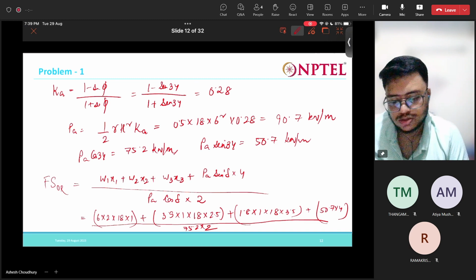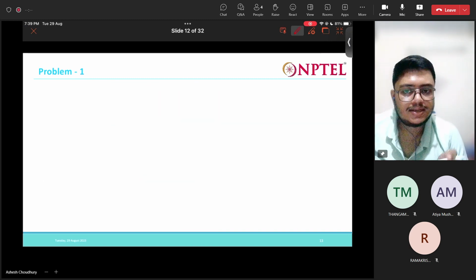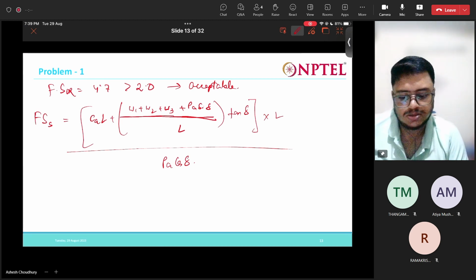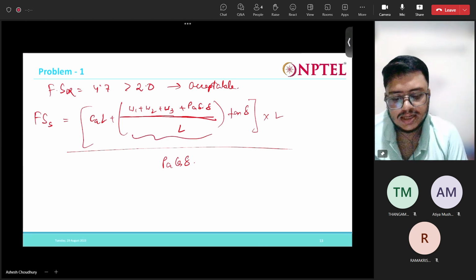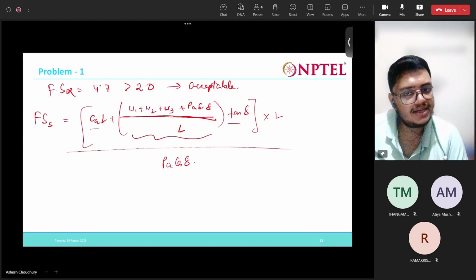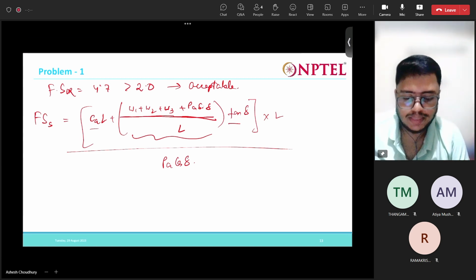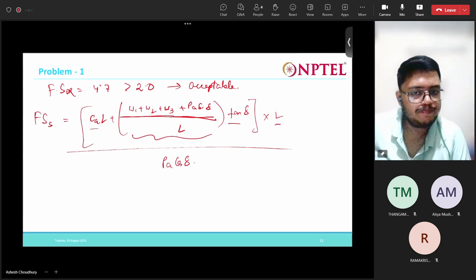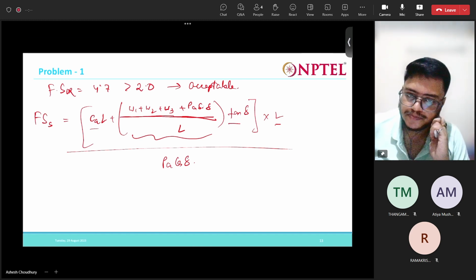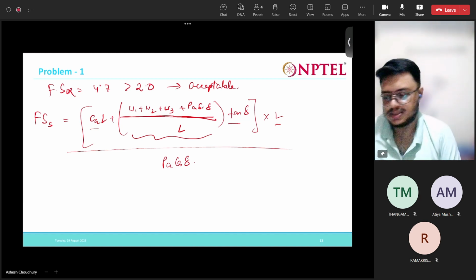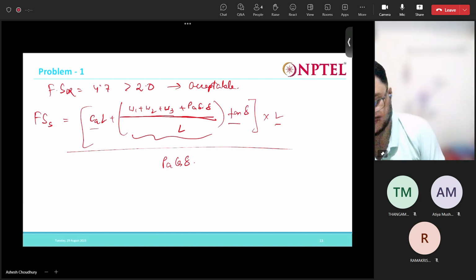It is the length of the soil block in contact with the foundation soil. The vertical times tan delta will give me the horizontal, and CA times L, the adhesion times length, will also give me a horizontal. This total is in kilonewton per meter, and that times the length again gives kilonewton, divided by PA cos delta. That is the resisting, and this is the driving force.